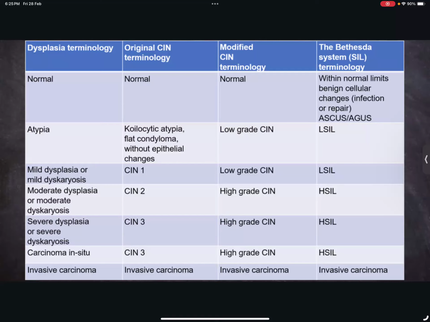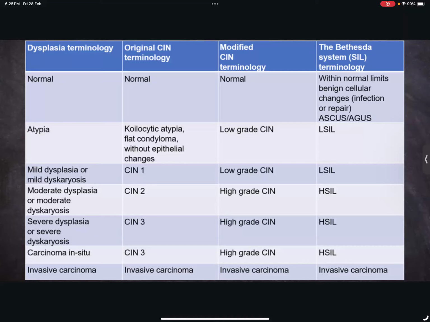After that, there was some modification in the CIN. It is classified as low grade and high grade. Low grade CIN is equivalent to mild dysplasia, and high grade CIN is equivalent to CIN 2 or 3, meaning moderate or severe dysplasia. According to the Bethesda classification, the squamous intraepithelial lesion is classified as a two-tier system, low grade or high grade.